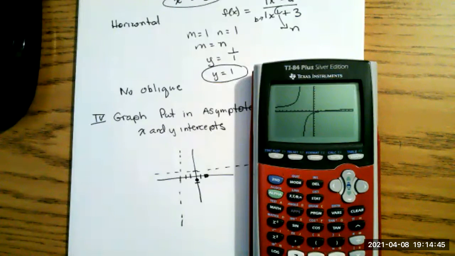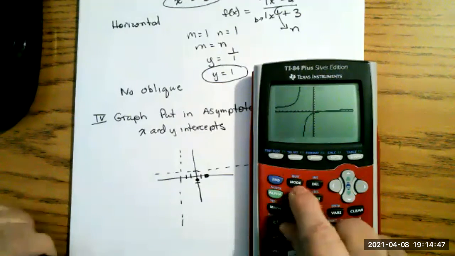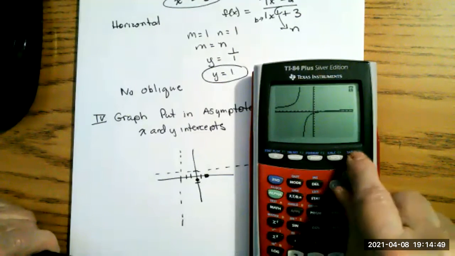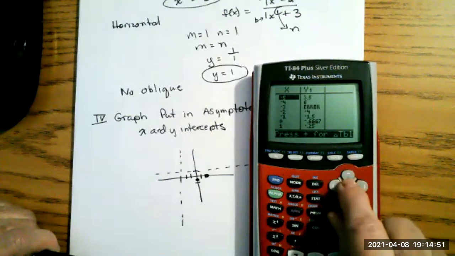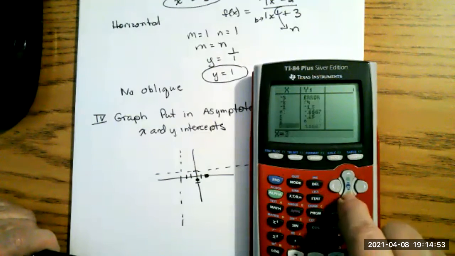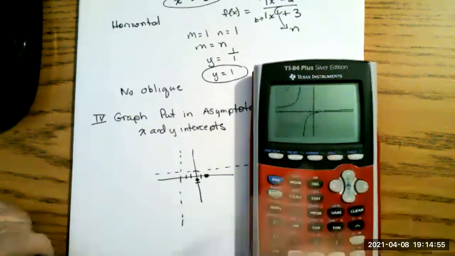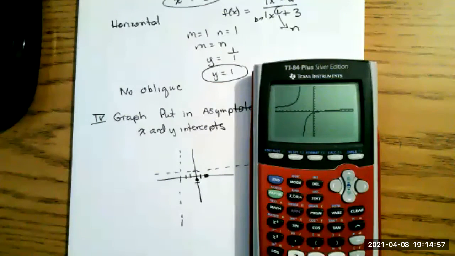See that? I can even double check my table and see that at 2, I do have a 0 here. I do. Now, question, did you have a question?